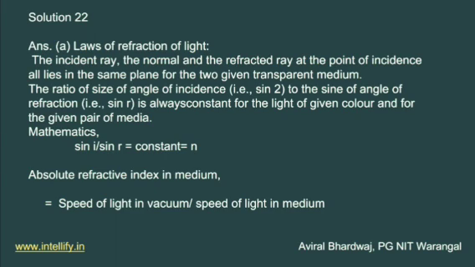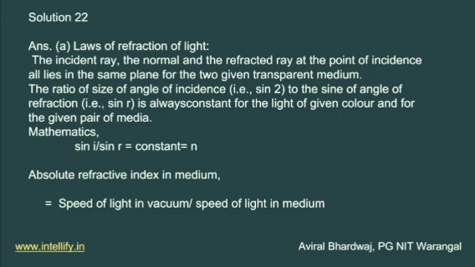The answer is the law of reflection of light. It's a very important law of physics. The incident ray, the normal and the reflected ray at the point of incidence all lie in the same plane, in a given transparent medium. This is a basic example.